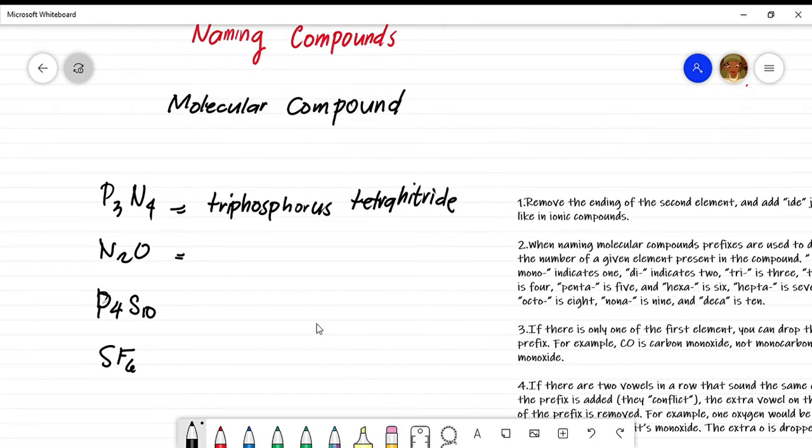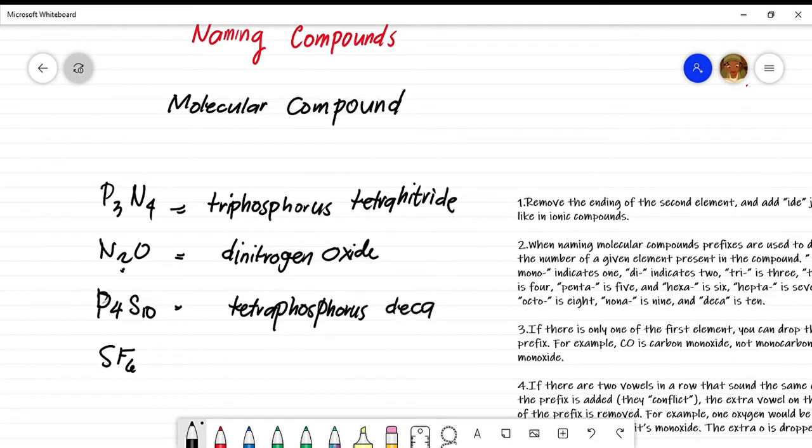Then we have N2O. Since it's two, dinitrogen monoxide. And then we have tetraphosphorus, and 10 is deca, sulfide.